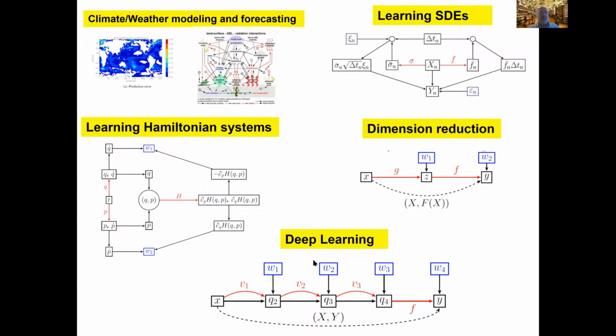Okay, so this was an application to system identification. Other applications include climate and weather modeling and forecasting, learning stochastic dynamical systems, learning Hamiltonian systems, dimension reduction, etc. The underlying principle behind those applications is always the same.